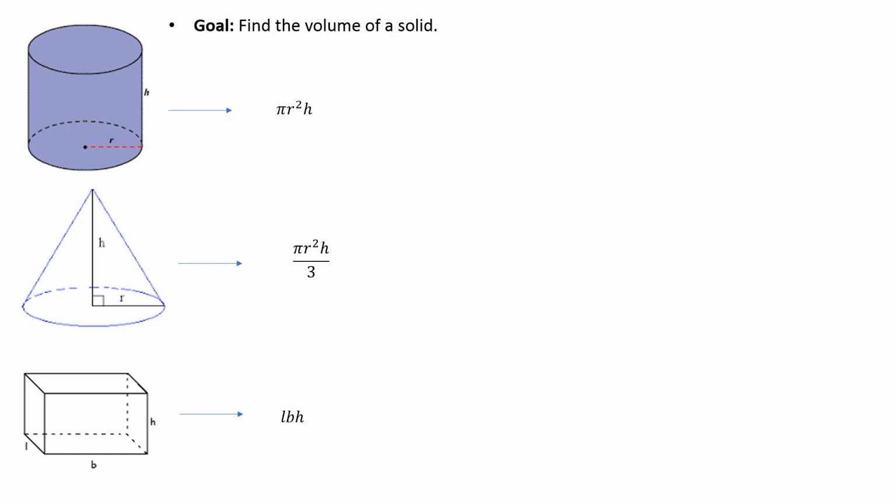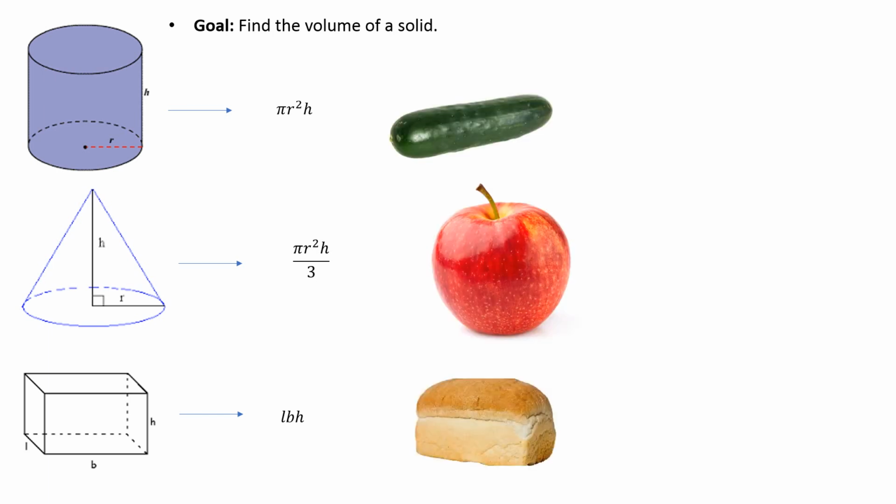Our next target is to find the volume of a solid which is apparently not similar to all these shapes. So what do we do if we have to find the volume of objects like a cucumber, an apple, or a bread?